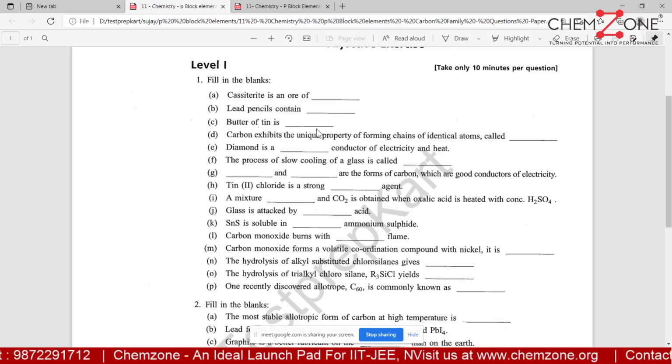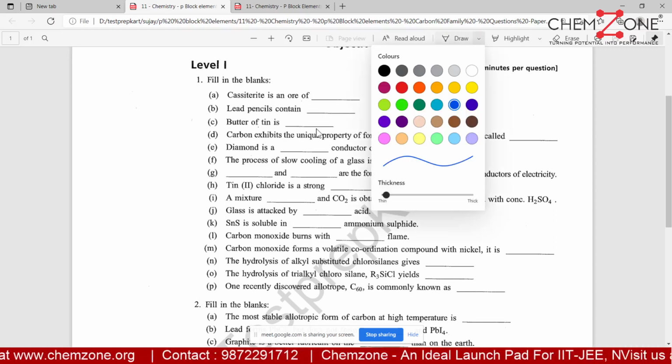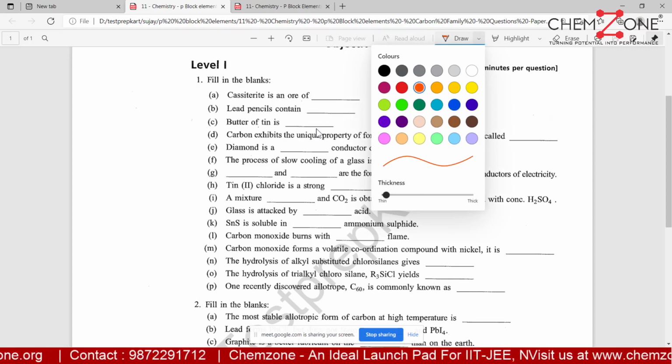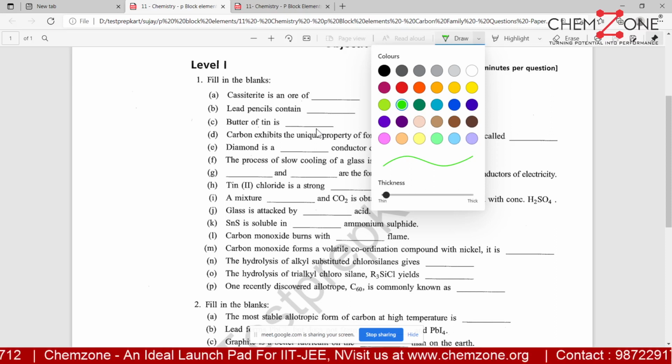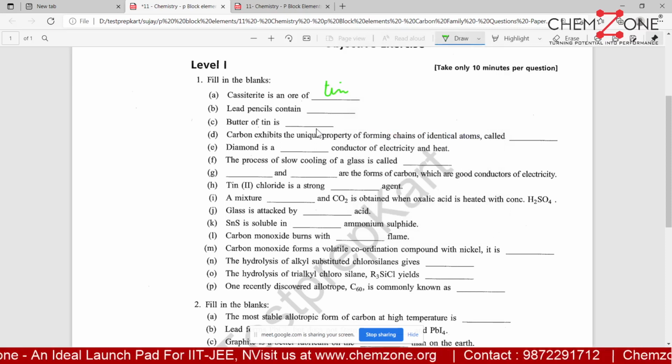Cassiterite is an ore of what? Do you know? Cassiterite is an ore of tin.